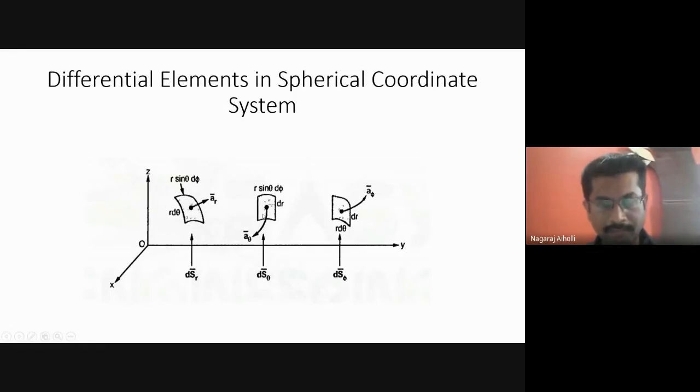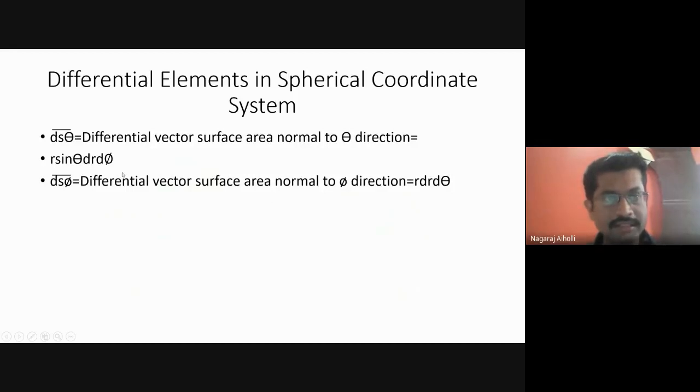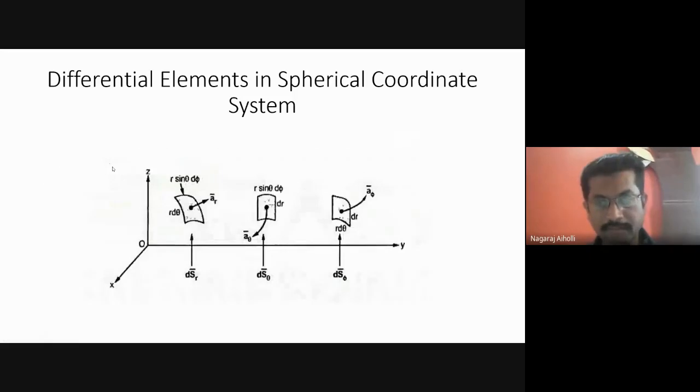The magnitude of this area ds theta bar is the product of length and breadth, r sine theta into dr into d phi, that is r sine theta dr d phi. For the last one, ds phi bar, here we have dr, our radius vector, and another side which is r d theta.